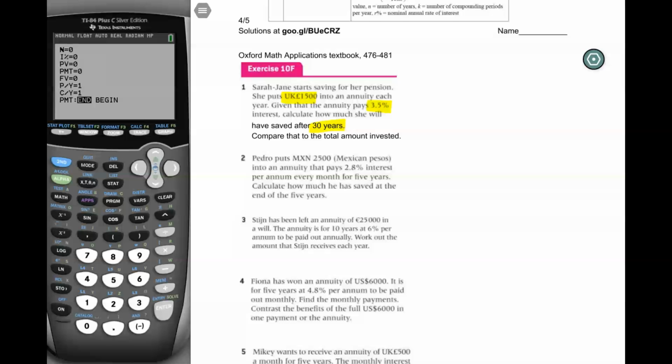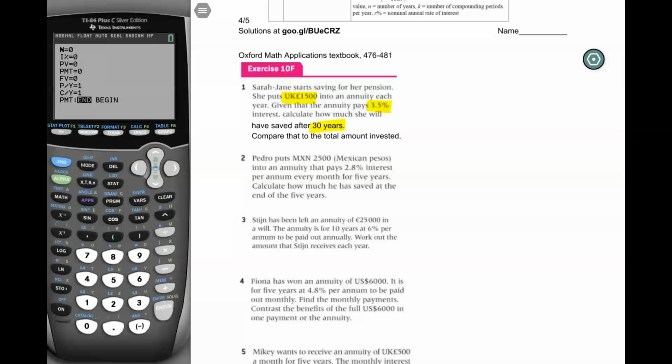And if it only talks about years, then we can still consider it to be years. In this particular case, do they ever talk about months? No, they only talk about the fact that it's 30 years of investing, and that she pays 1,500 pounds each year. So everything is annual.